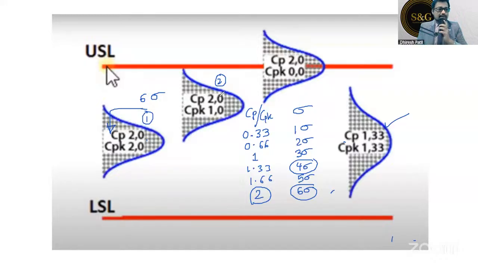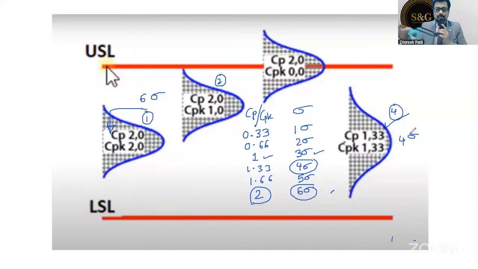Second one, type in the chat box. How much sigma process is this? Yes, 3 sigma process, because Cpk is 1, it is a 3 sigma process. And how much is this one, let's say process number 4, how much sigma process is this? 1.33 is a 4 sigma process.